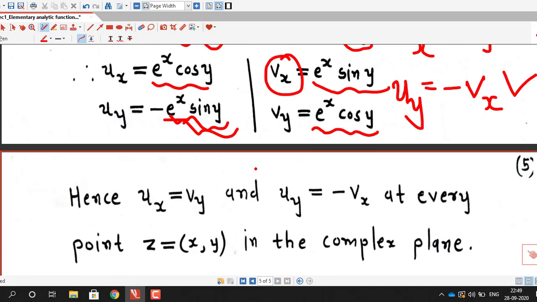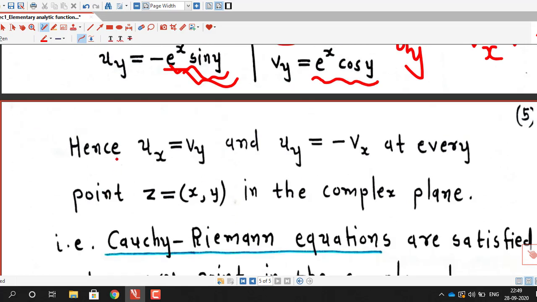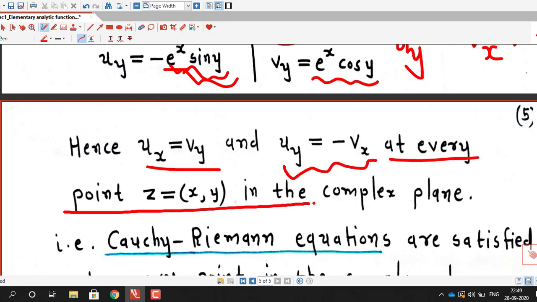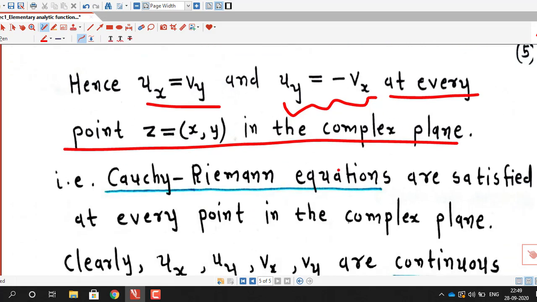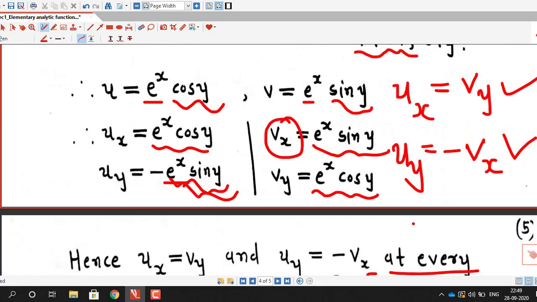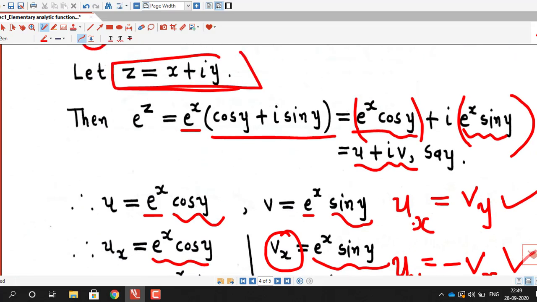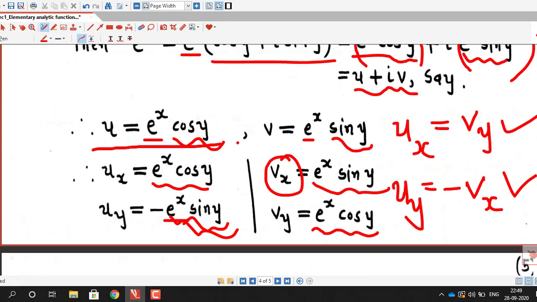So here I have written u_x equal to v_y and u_y equal to minus v_x at every point z equal to ordered pair (x, y) in the complex plane. That is, the Cauchy-Riemann equations are satisfied at every point in the complex plane. Another condition we have to check is continuity of these four partial derivatives.